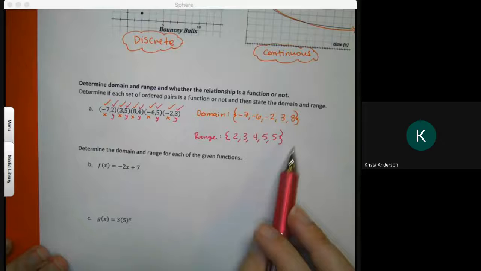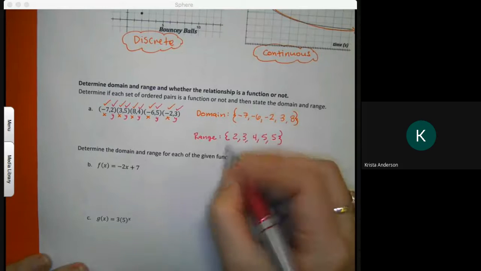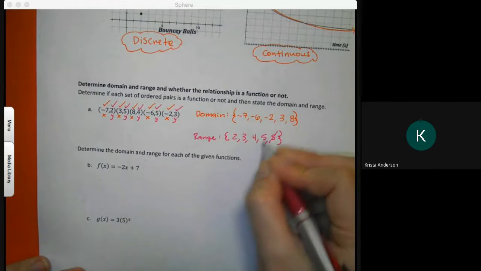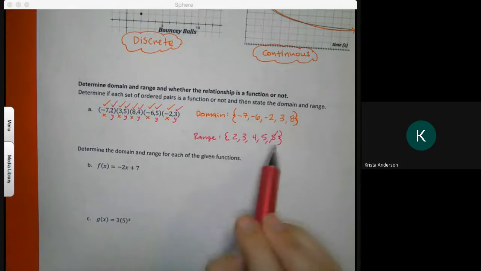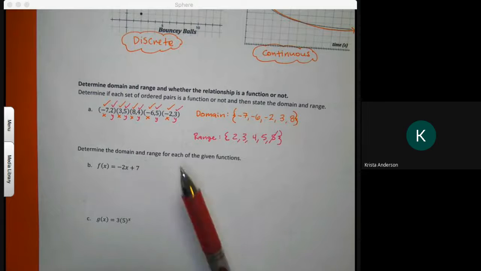Now, if I type this in, it'll mark it incorrect. I do not need to type 5 twice, so I will just write it with 1, 5 in the list to represent that is the range from 2, 3, 4 to 5.